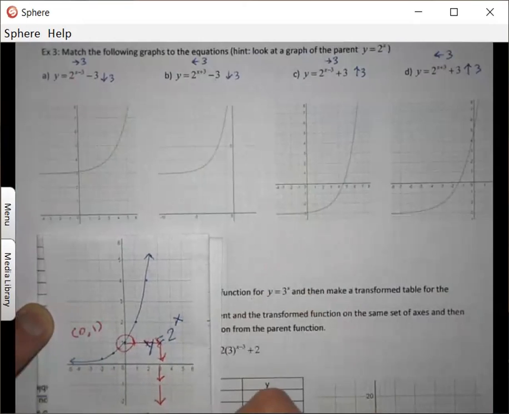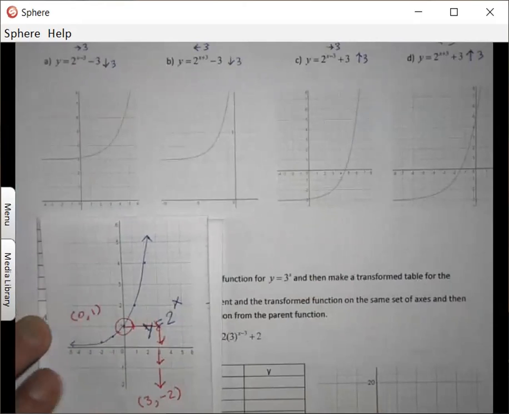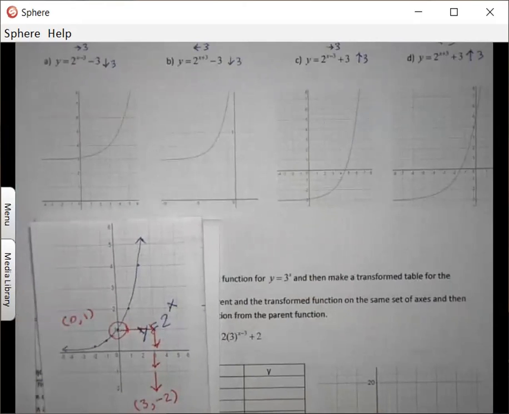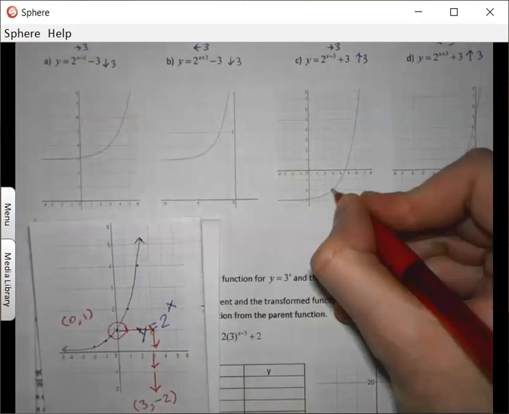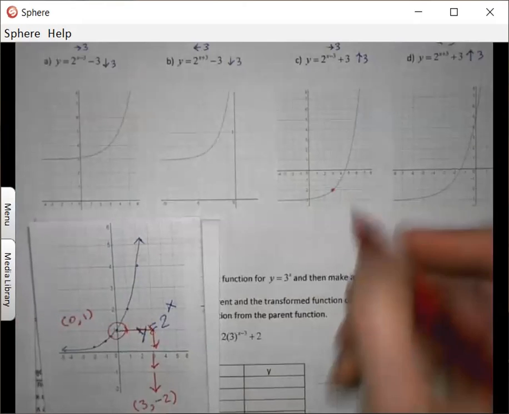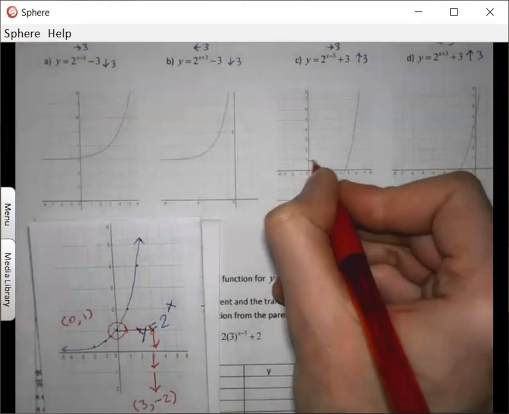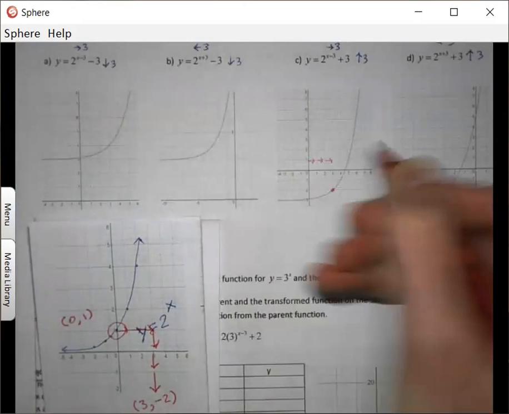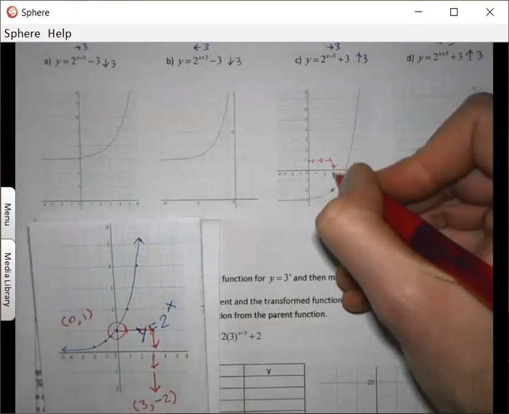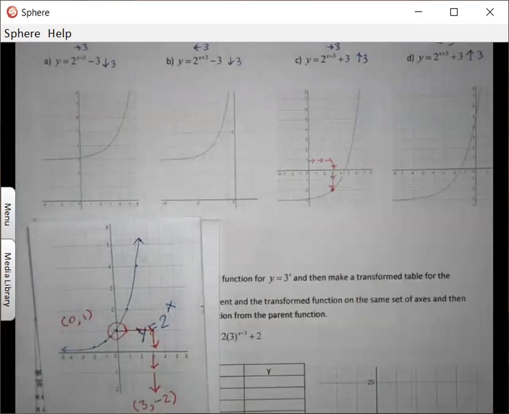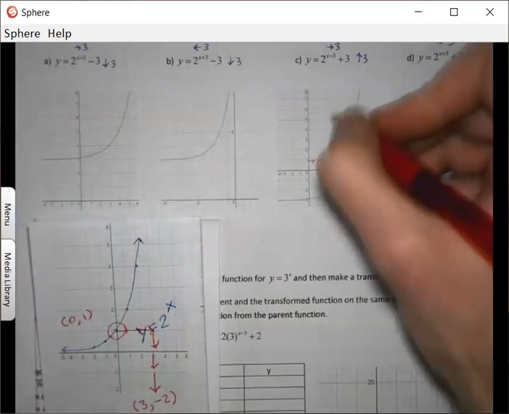My new point should be 3, minus 2. And we can definitely see that here. So if I started at 1 and I went over 3 and down 3. So this one must be A.